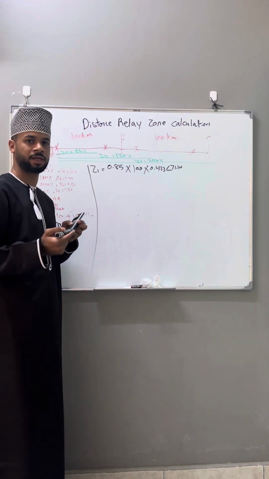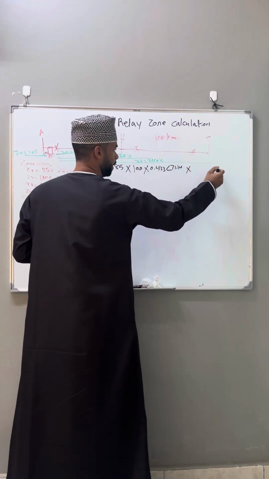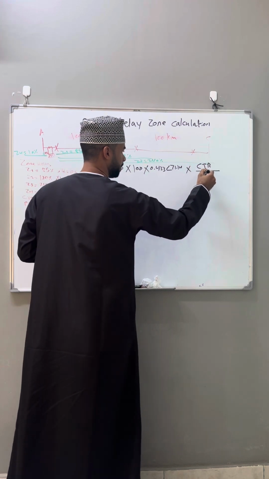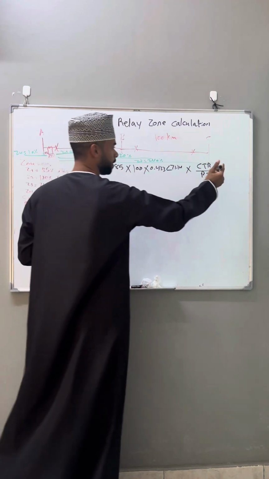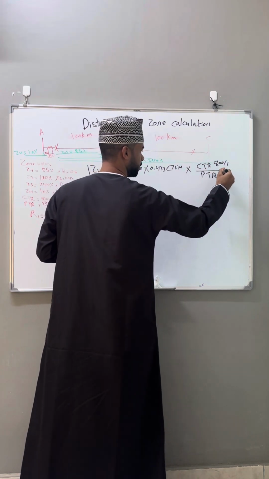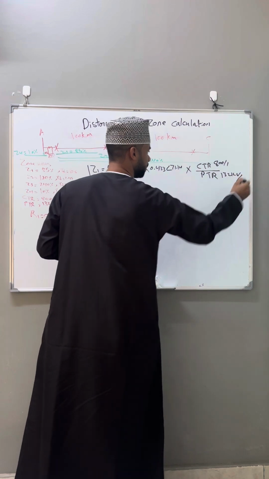So how to get the secondary value? Just multiply by the CT ratio and divide by the VT ratio. The CT ratio here is 800 by 1, and the VT ratio is 132 kV divided by 110 volt.